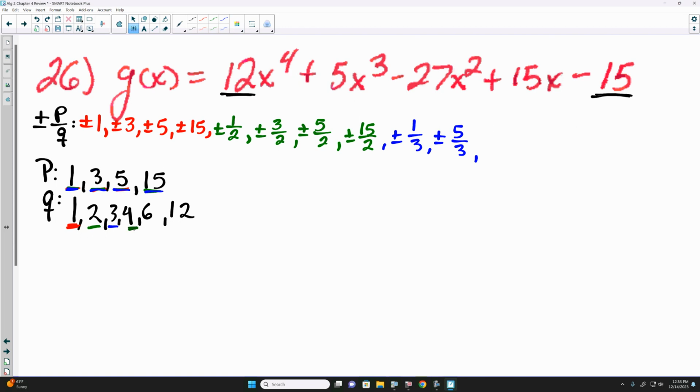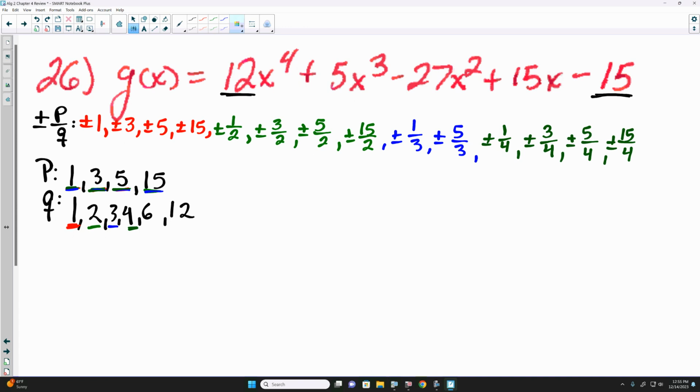Then we'll move on to 4. So we'd have 1 over 4. It doesn't reduce. The next one would be 3 over 4. Does it reduce? No, so we have plus or minus 3/4. The next one would be 5 over 4, and then lastly 15 over 4.